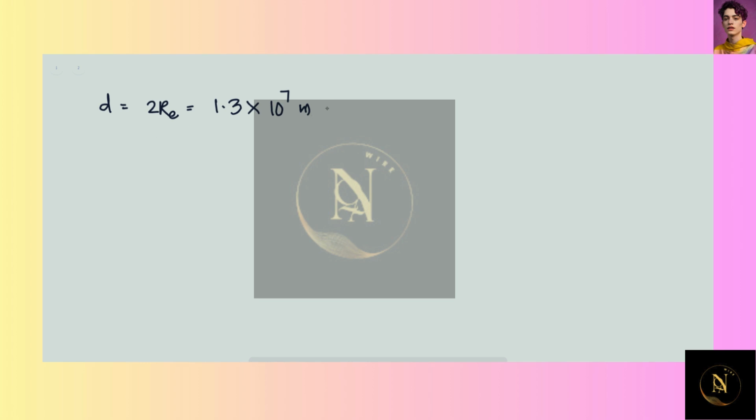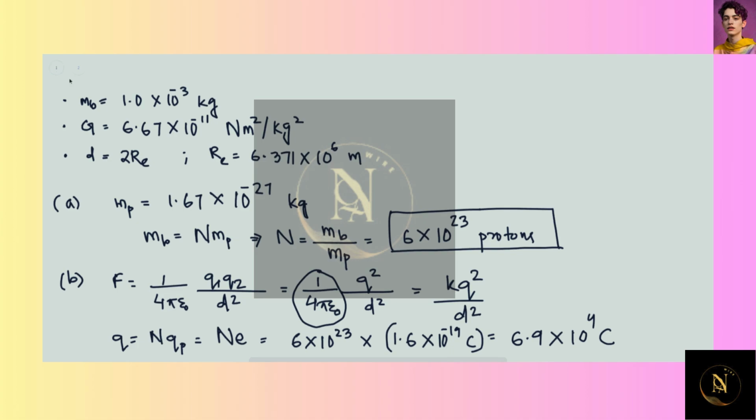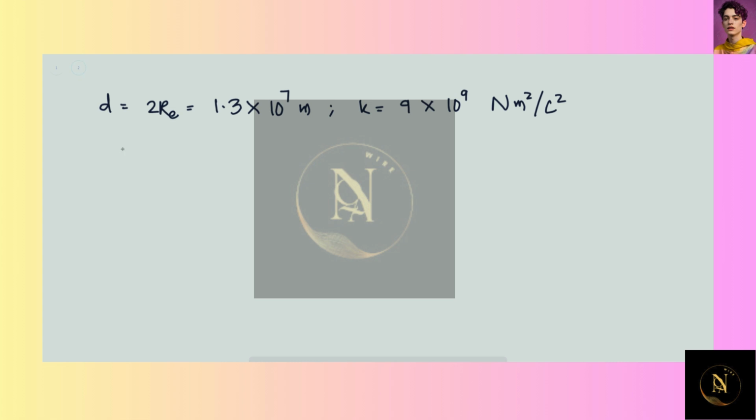And K, which is 1 over 4 pi epsilon naught, is actually 9 times 10 to the power 9 newton meter square per coulomb square. So substituting all these three in this equation, let's call this equation 1, we can find Fe, which is the electric force.